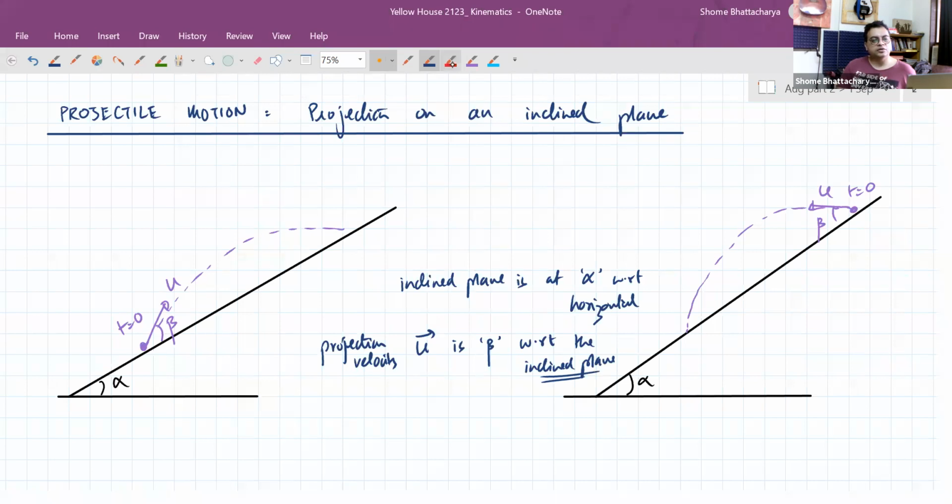So again, let's say it goes and lands over here. We want to find the range with respect to the inclined surface, the time at which it lands, all these kind of things.